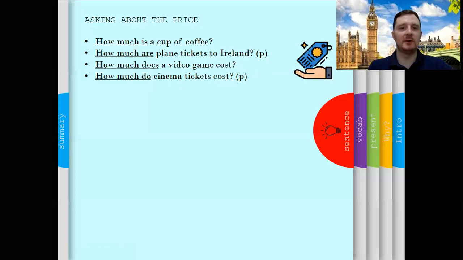So before we go on, just have a very quick look. You can see the example number 1 or option number 1, how much is, how much are. Okay, and example number 2 or option number 2, how much does, how much do cost. Okay, so we just need to add in the noun, the article and the noun, and that's it, ready to go.